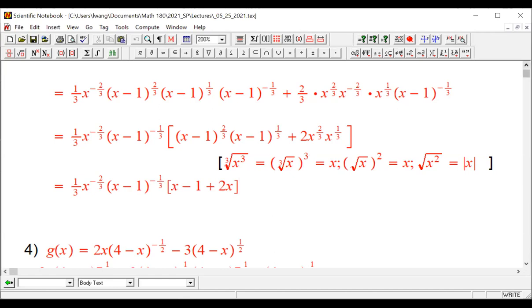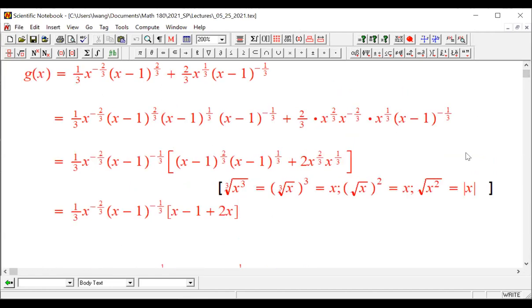Okay, so let's look at this method. The rule of thumb is you factor out the term with the lowest exponent. This is the lowest exponent, and this is the lowest exponent. So you have to create that lowest exponent in both pieces. You have 3 pieces, you have to create that in 3 pieces.